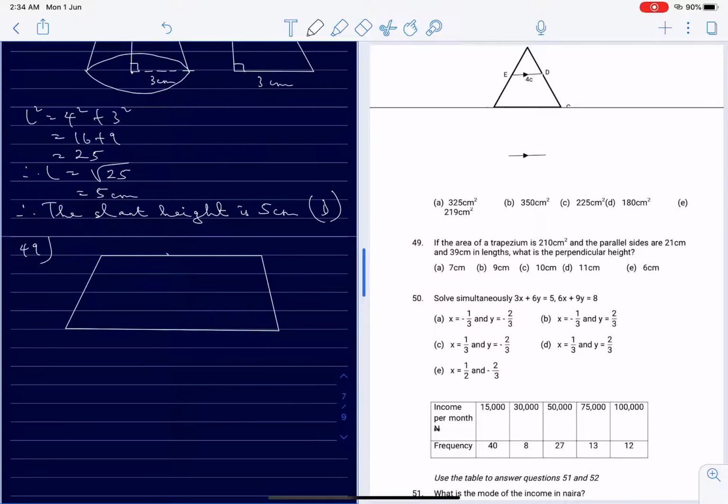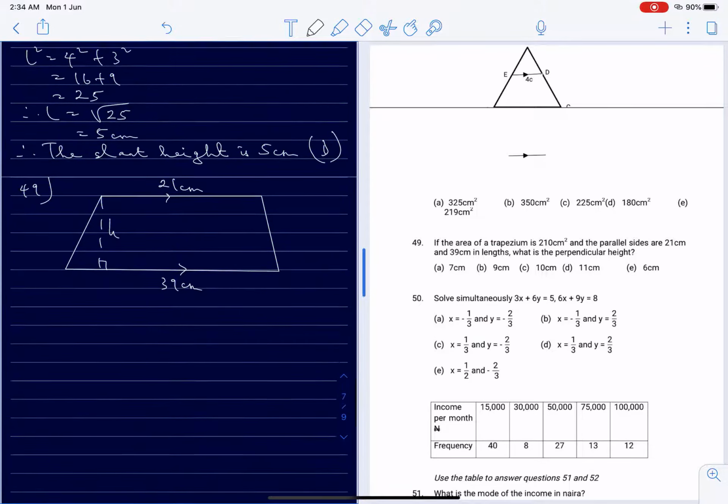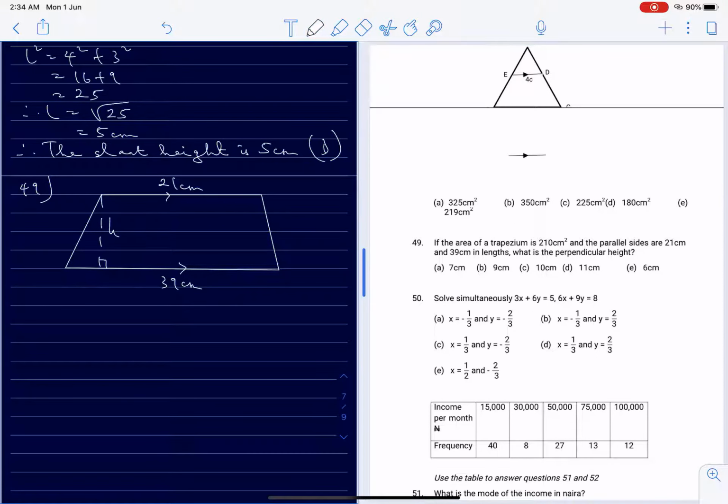These are the parallel sides, and this is the perpendicular height. The short one is 21 centimeters and the long one is 39 centimeters, while the area is 210 centimeters squared.